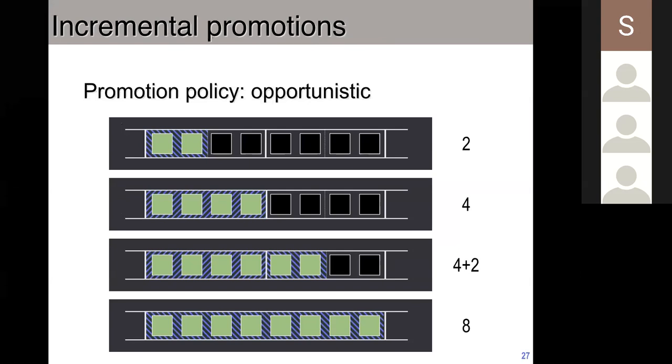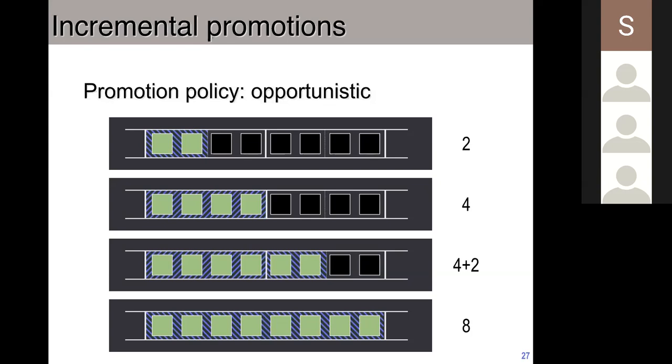So you can get an increase in TLB coverage by creating a smaller super page. And then at a later time, if the nearby pages are accessed, you go ahead and create a super page of size 4. And then if the next 2 pages are accessed, you create another super page of size 2. So you have a super page of size 4 and size 2. And finally, when all the base pages are accessed, you create one single super page of size 8.